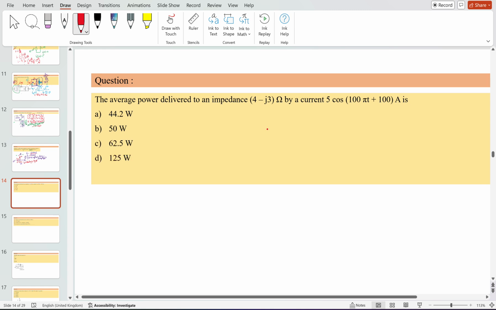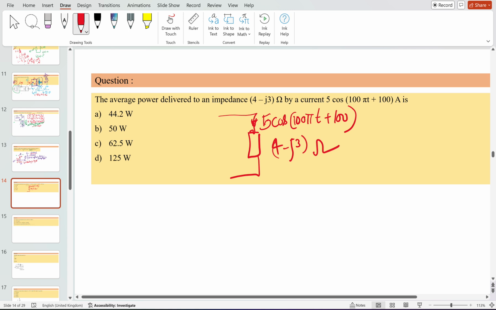It is saying that there is one impedance whose value is 4 minus j3 ohms, and the current flowing into it is 5 cos(100 pi t plus 100). There is a concept that S is equal to P plus jQ.